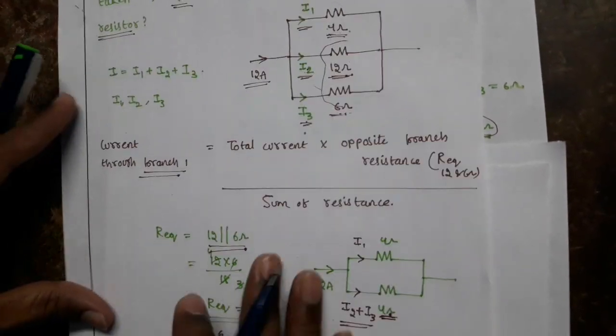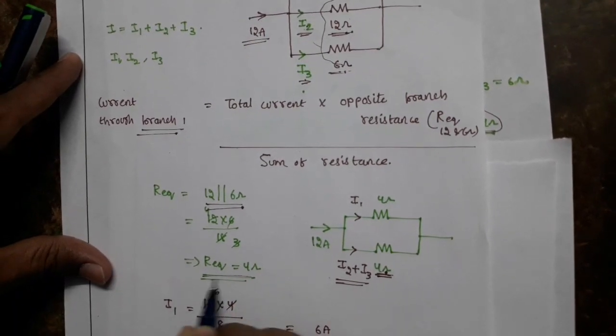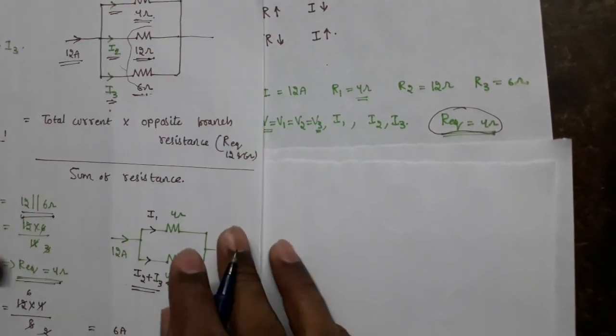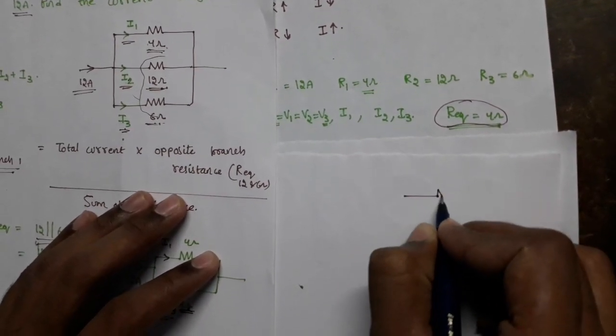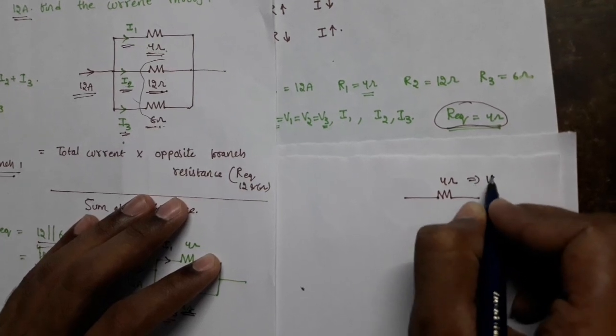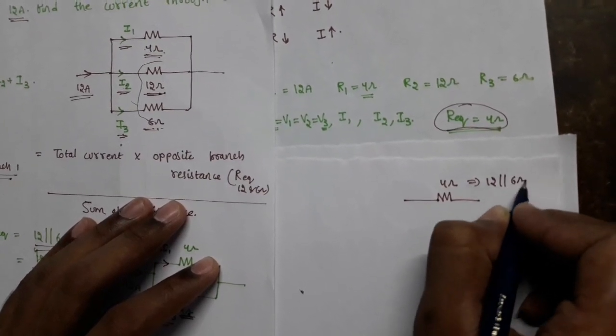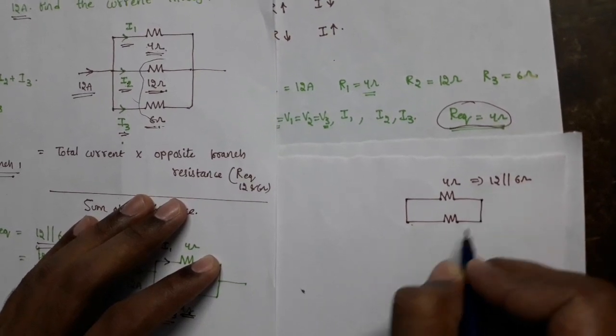Here you can see that R equivalent of 12 ohms and 6 ohms connected in parallel is 4 ohms. So right now I am drawing the circuit again. So this is 4 ohm resistance, that is equivalent resistance of 12 ohms and 6 ohms connected in parallel, and this is the R1 resistance, that is 4 ohms.